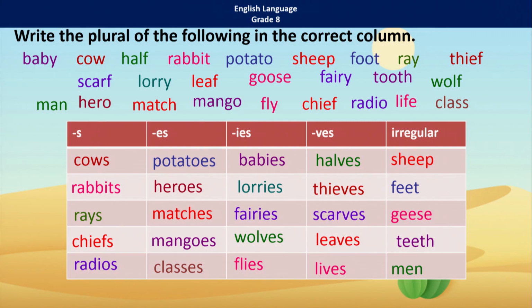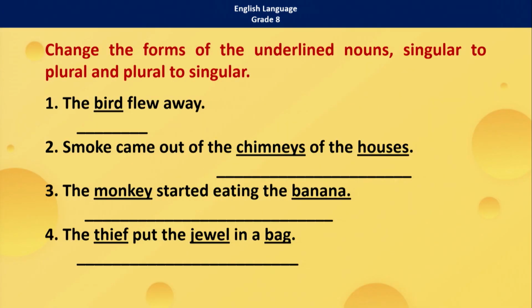Fly, flies. Half, halves. Thief, thieves. Scarf, scarves. Leaf, leaves. Life, lives. Irregular. Sheep, sheep. Foot, feet. Goose, geese. Tooth, teeth. Man, men. Fine, children, we have come to the end of that activity.